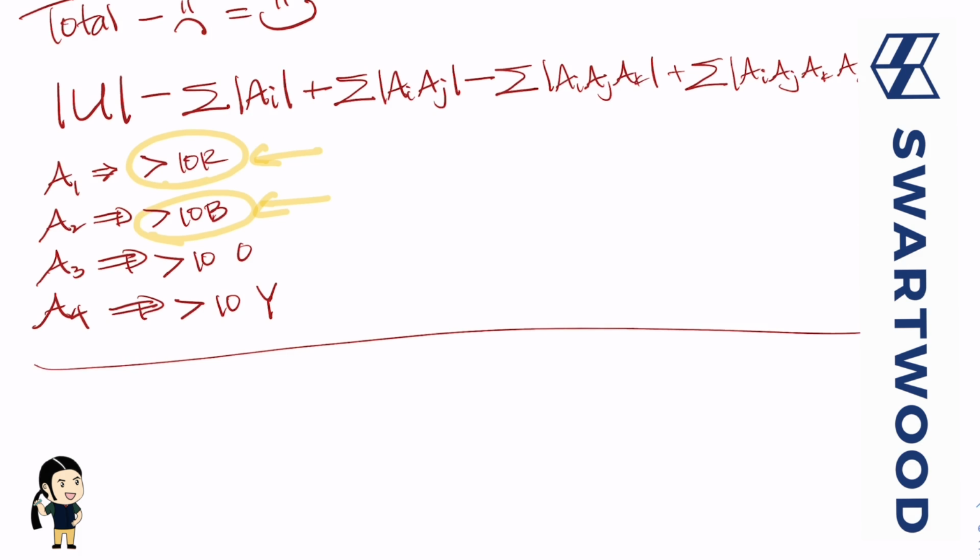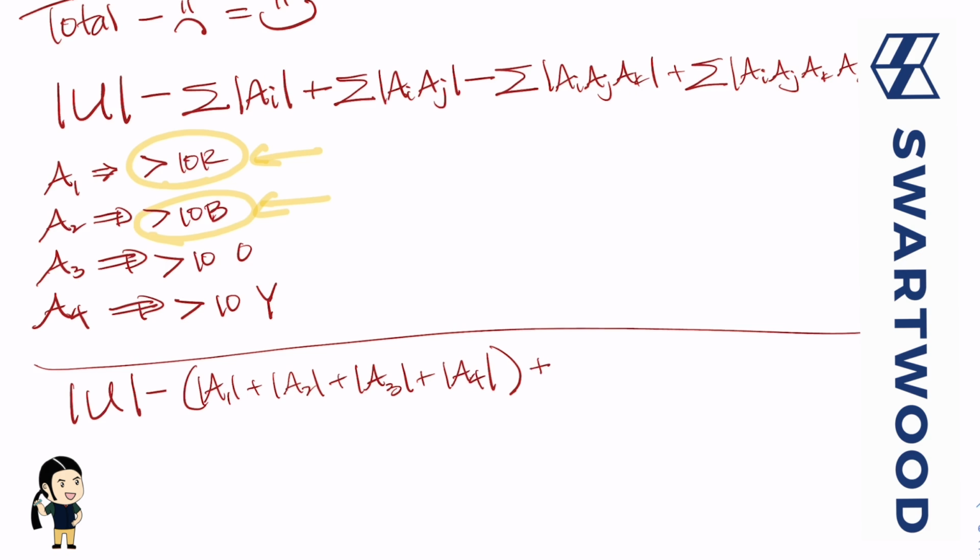Okay, let's make this look better. So you have the universe of possibilities. We're going to take out the sum of, we can actually write all these out. It's really not that bad. So let's do that. We're going to subtract the size of A1 plus the size of A2 plus the size of A3 plus the size of A4. Okay? And then we're going to add back the double intersection. This might be a little bit more painful.